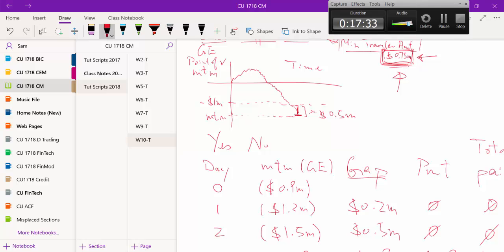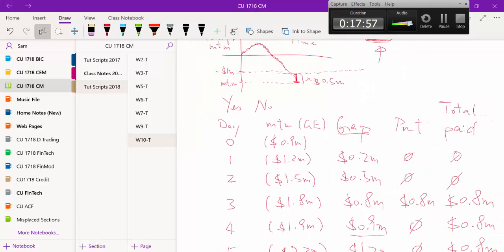So from GE's point of view, they started by making money, but then after a while they started losing money. And once you cross over this threshold line, $1 million, people are going to chase you on the difference.